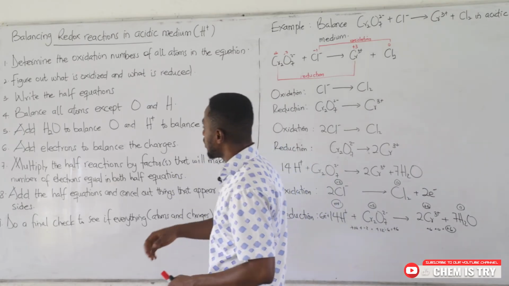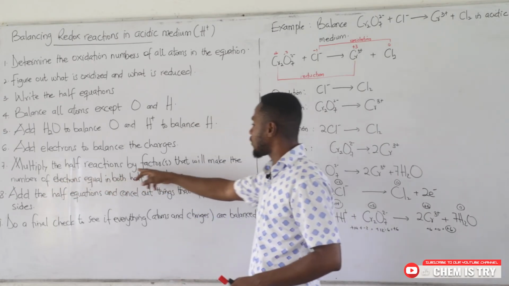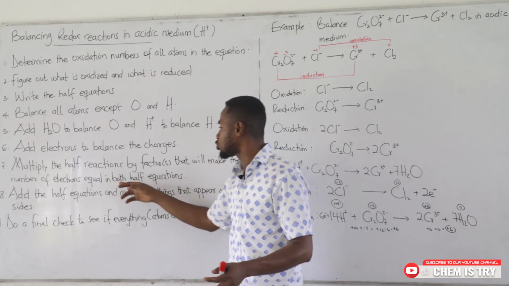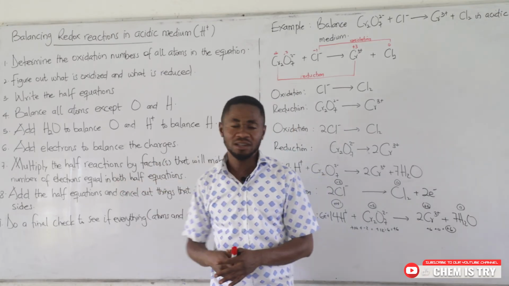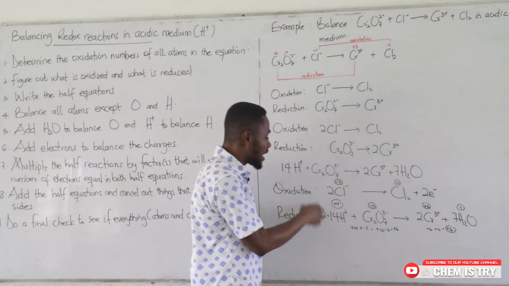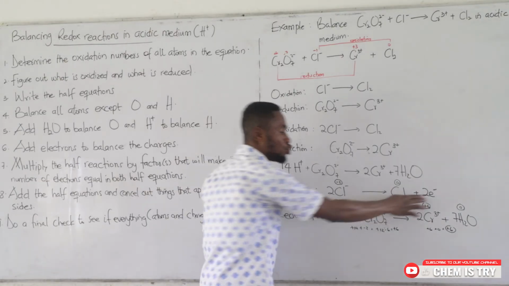Now, in the next step, we are supposed to multiply the half reactions by factors that will make the number of electrons equal on both sides. Now, remember, in the reduction half reaction, we have 6 electrons. In the oxidation half reaction, we have 2 electrons.